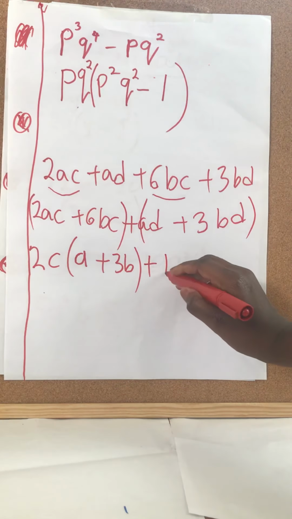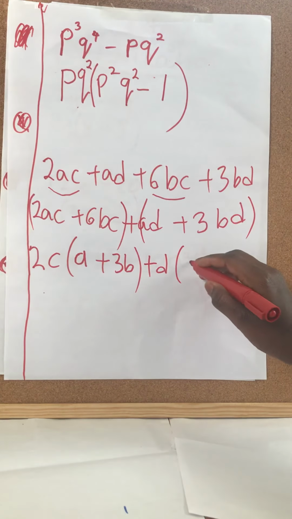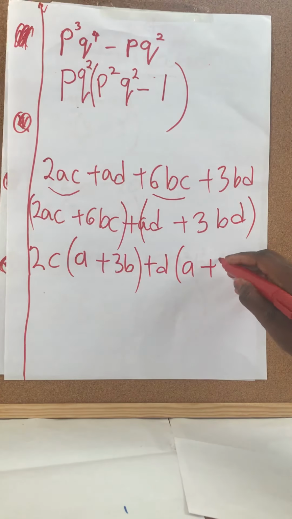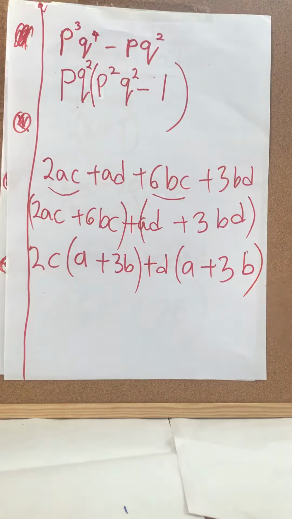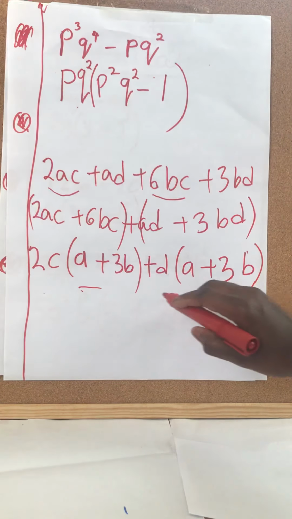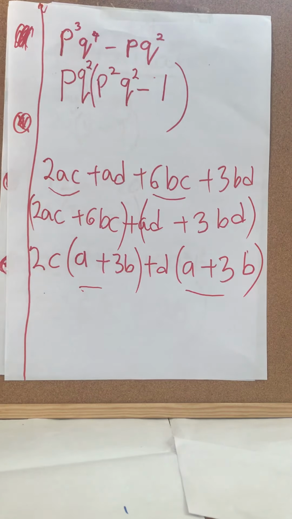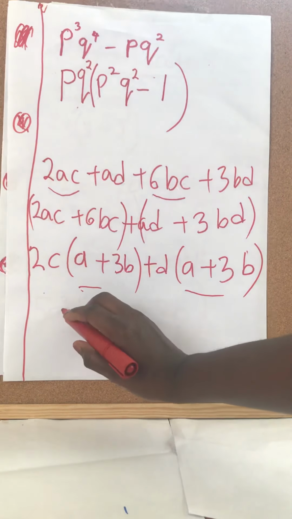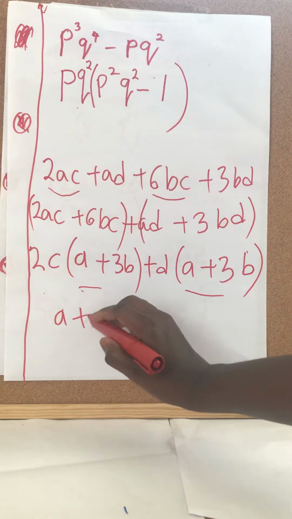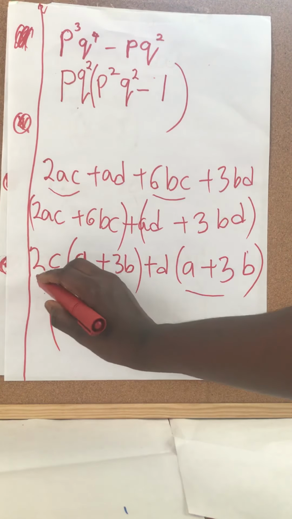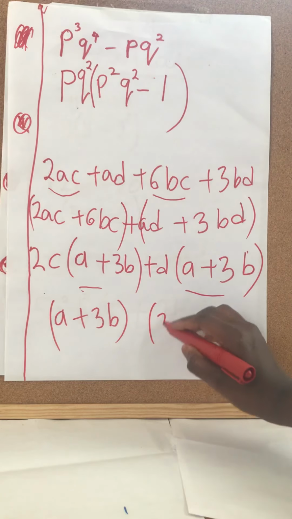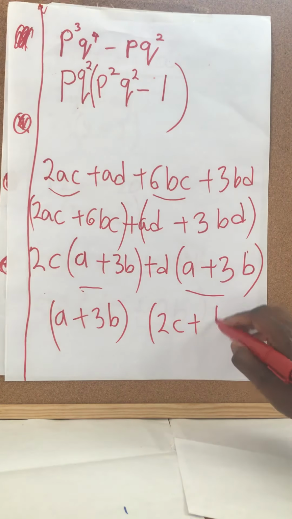D is common. So I'm going to have just A plus 3B left. If you notice, you will see that this one and this one is the same. So I will just pick one of them, and then the one outside, 2C plus D.